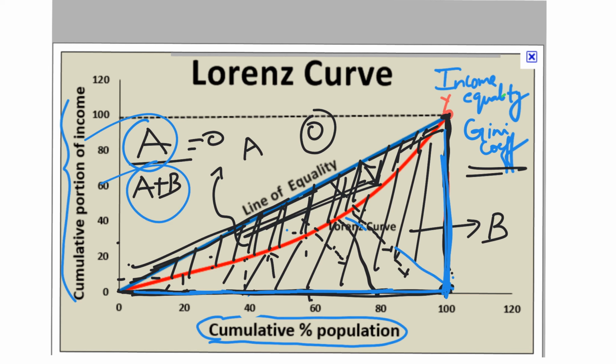Therefore, the Gini coefficient becomes 1 in this case. A is equal to A plus B here. A Gini coefficient equal to 1 indicates that there is maximum inequality. The minimum percentage of population is having the maximum amount of wealth. So this is what the Lorentz curve is.